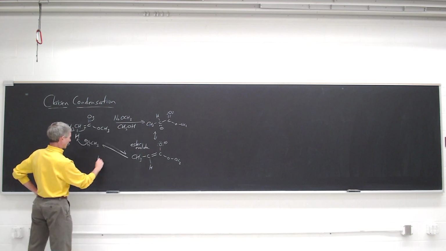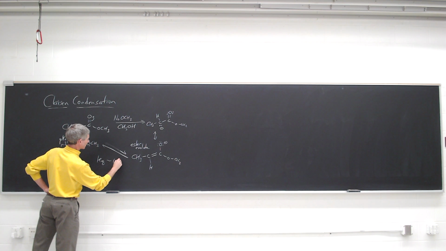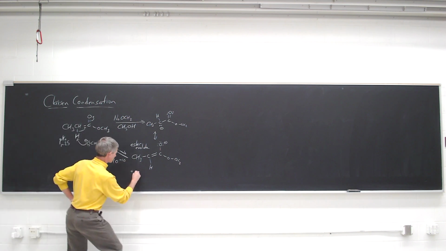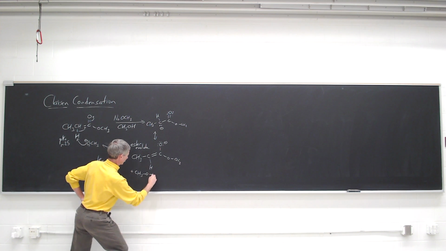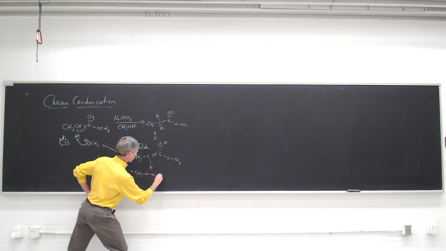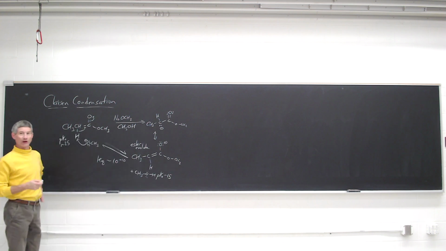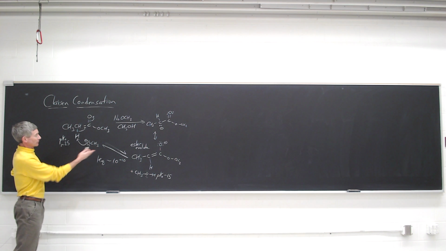And the equilibrium constant is approximately 10 to the minus 10, because the pKa of methanol, the product, is only about 15, and the pKa of the hydrogen just removed is 25. So it doesn't happen very often.